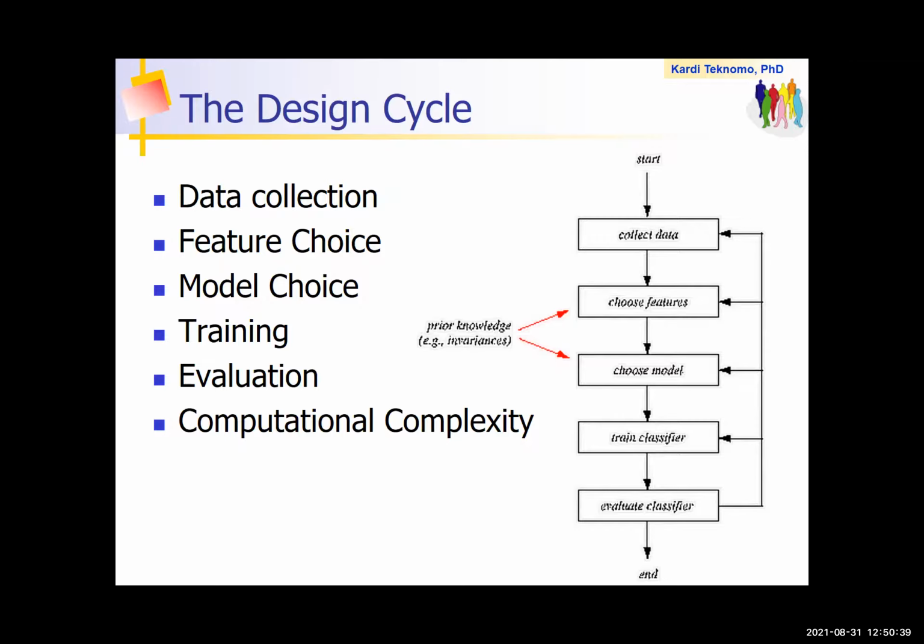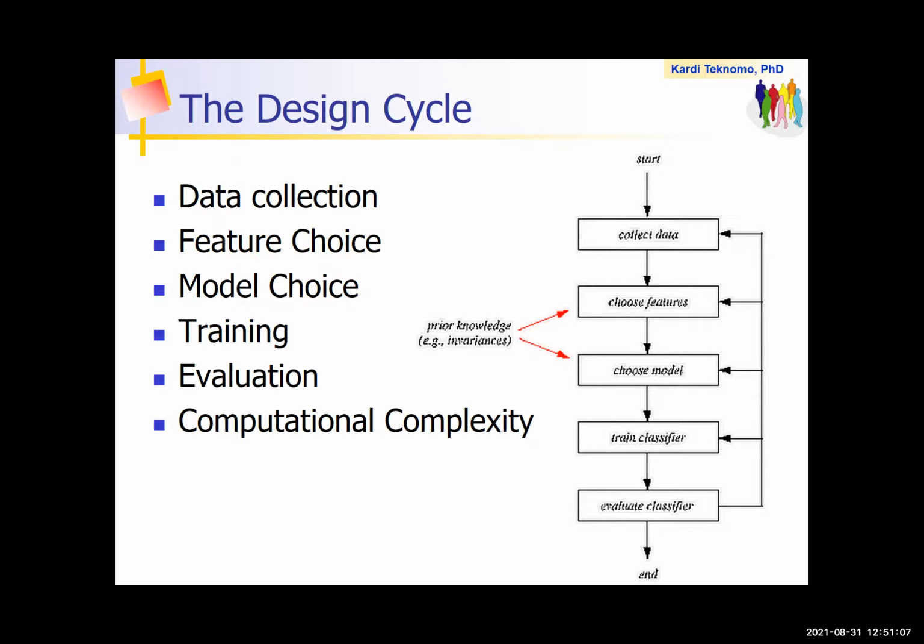Okay, so in reality, there are certain cycles that you need to go up and down. For example, you collect the data, you choose the features, and probably it's not enough to discriminate, then you come back to collect the data again.